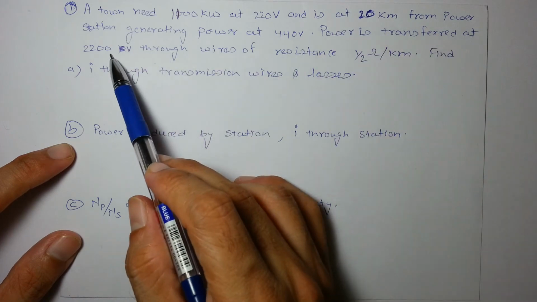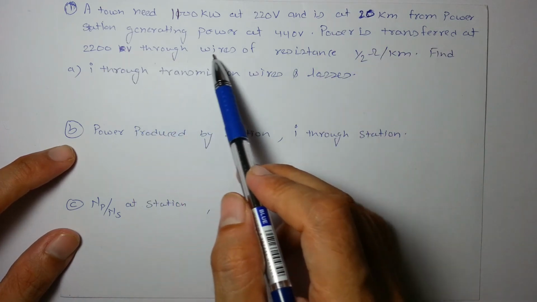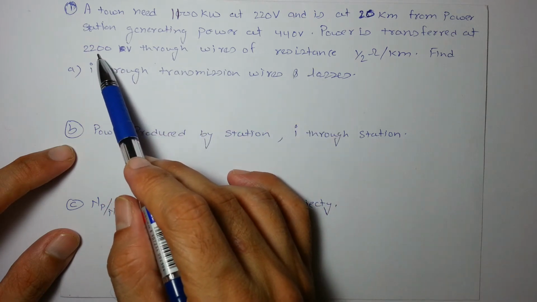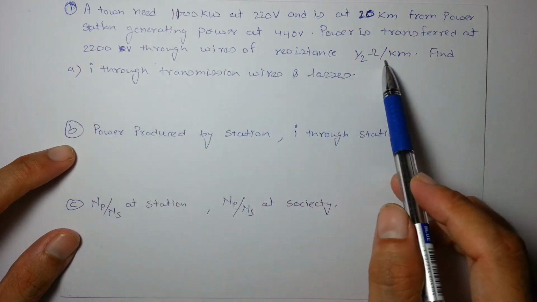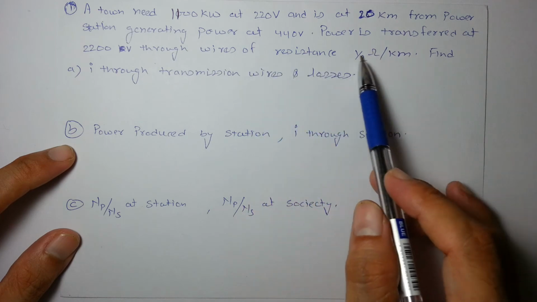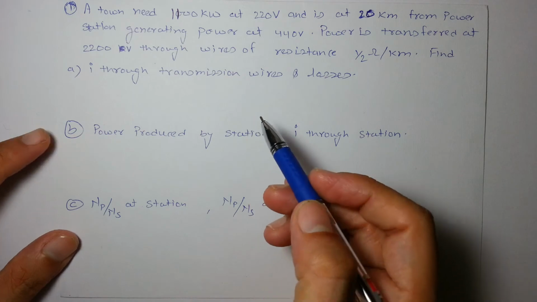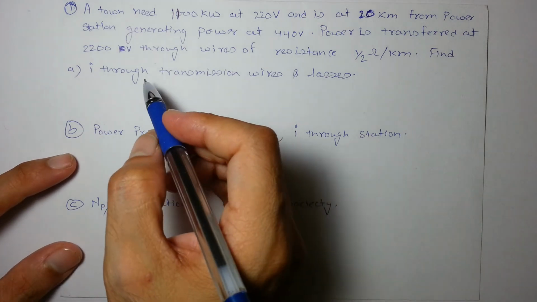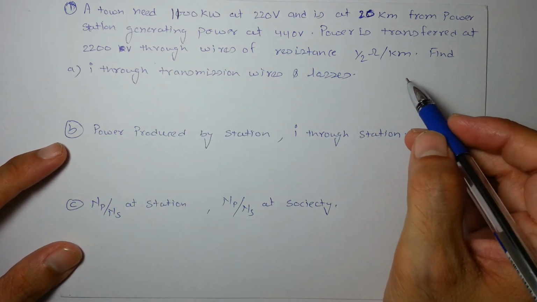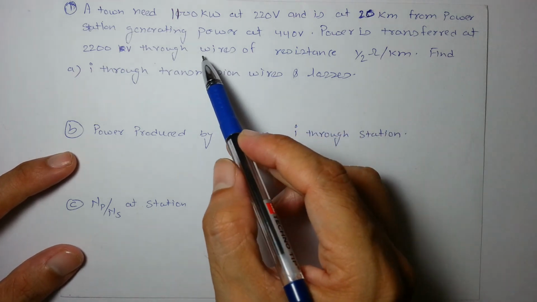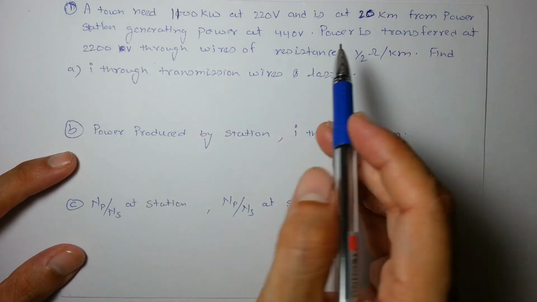Power is transferred at 220 kilovolt through these wires to 2200 volts. Each kilometer has a resistance of half ohm. We have to find the current through the transmission wire and the losses. Okay, so we are assuming that the transformers are ideal. Losses take place only through the transmitting wires.